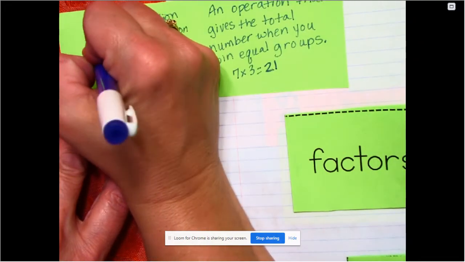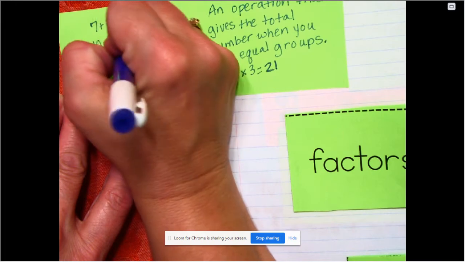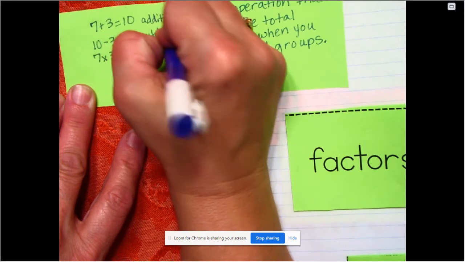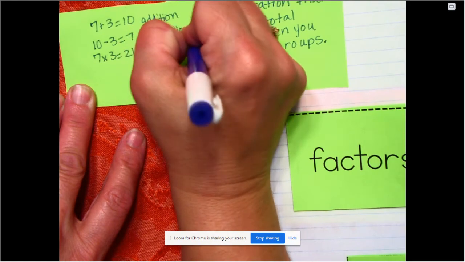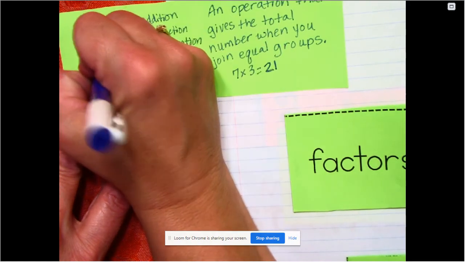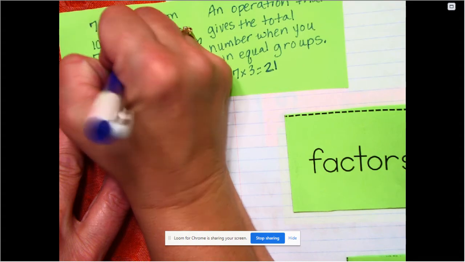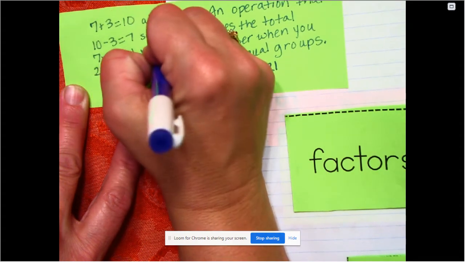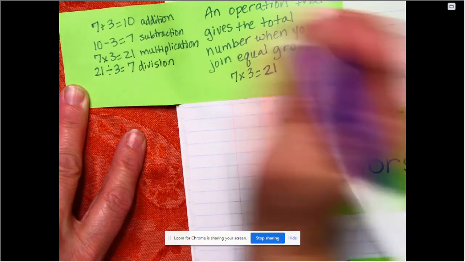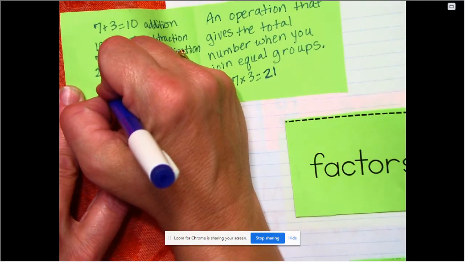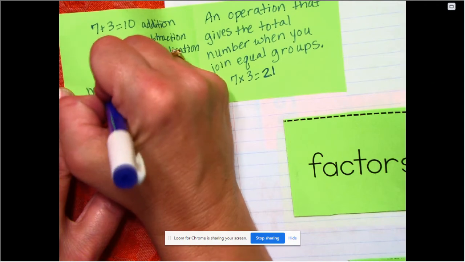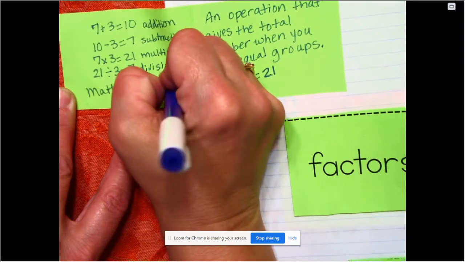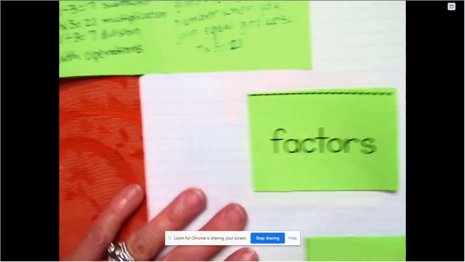If we do 7 times 3 equals 21, that's the multiplication operation. And if I do 21 divided by 3 equals 7, that's the division operation. Okay? Those are all math operations. That's the math term.